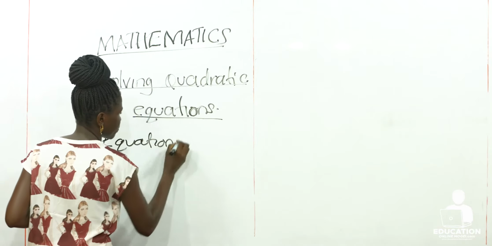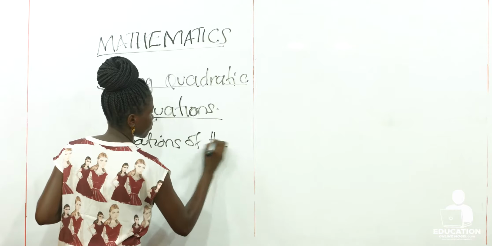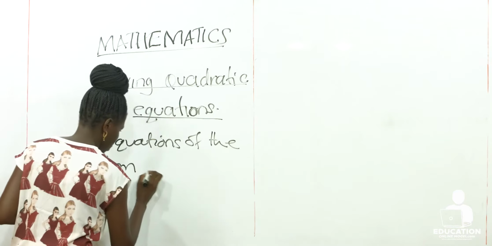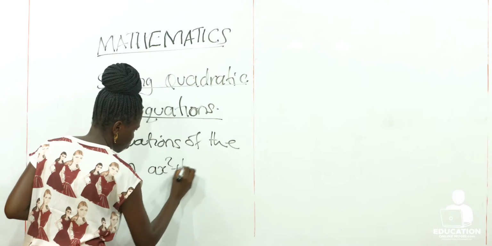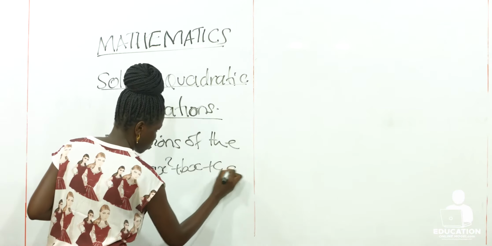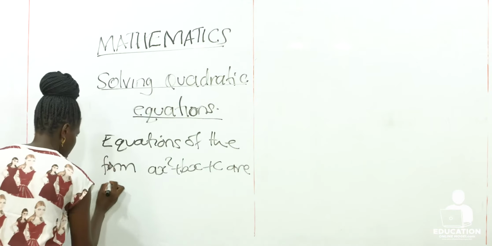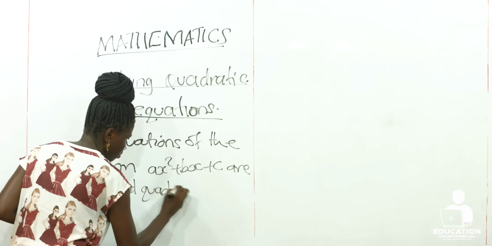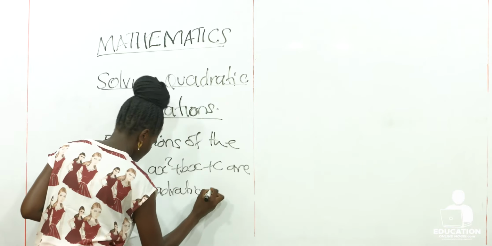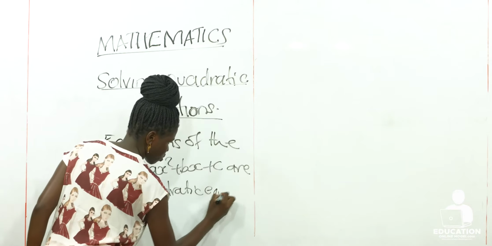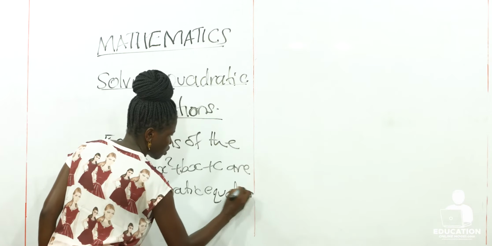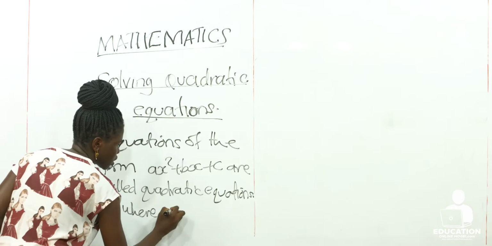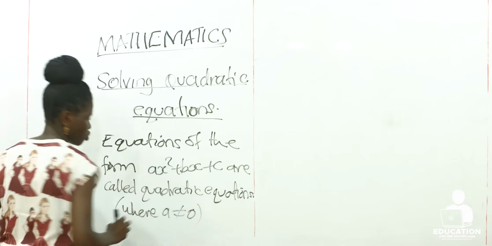Equations of the form ax squared plus bx plus c equals 0 are called quadratic equations, where our a should not be equal to 0.